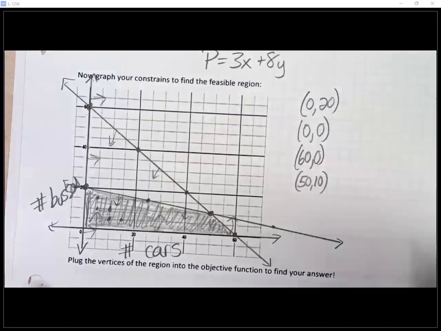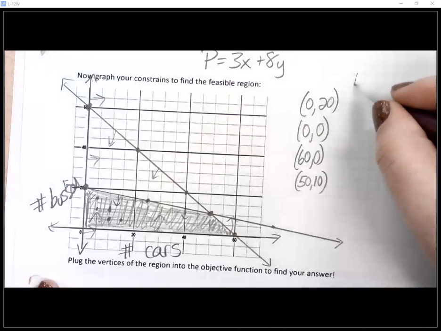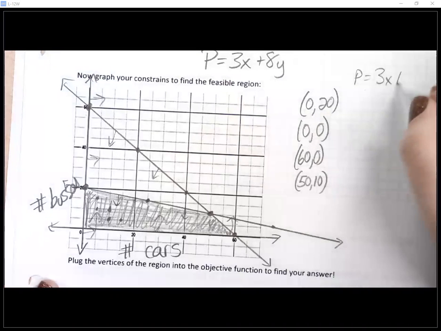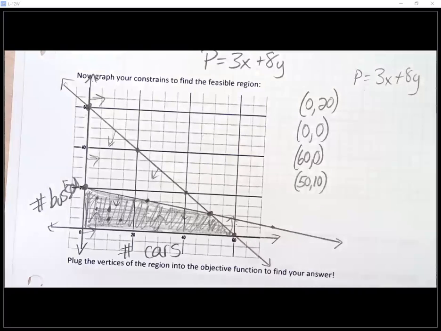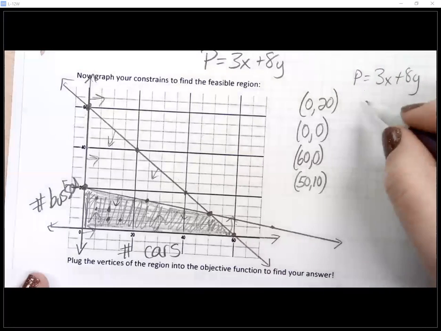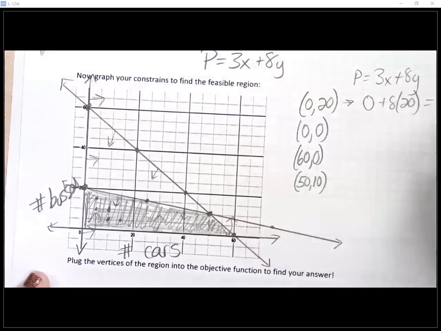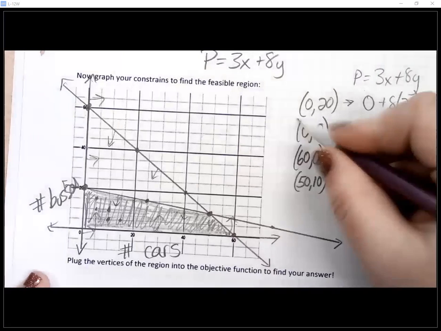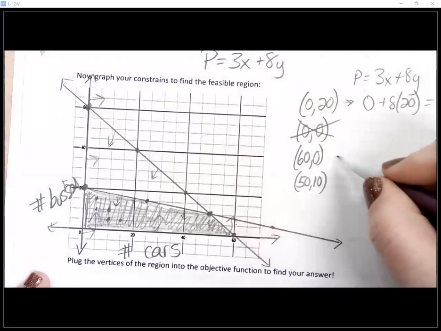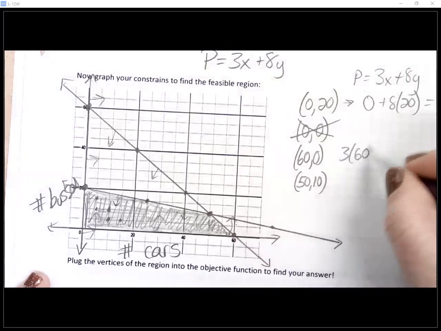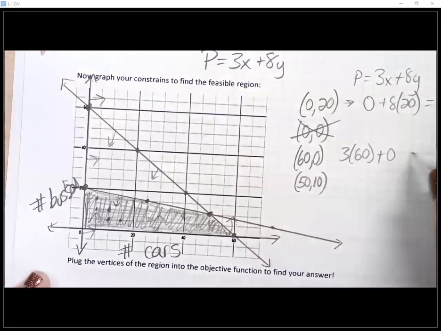We've got our objective function, 3x plus 8y, and we're going to see what combo I'm going to go with. Ooh, exciting. Obviously, I don't care about 0, 0 because I wouldn't make any money there. So that one's kind of irrelevant. Hmm, 180 if I go that route.